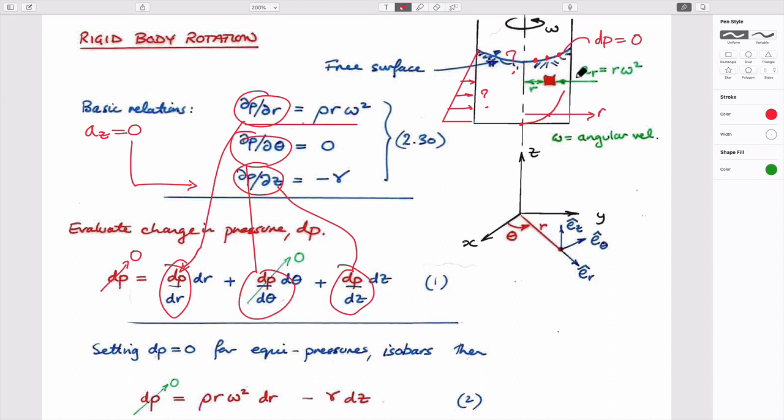So as you go around, the surface is just a horizontal line. In the center, it's a lower horizontal circle. At the edge, it's a higher horizontal circle around the circumference, but it merely has to be a circle of constant height. That's really coming out of this expression here.